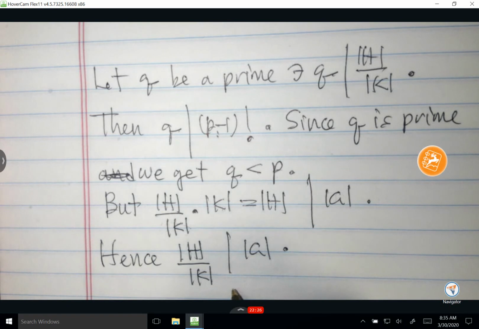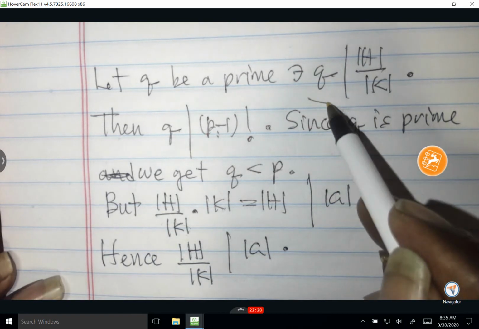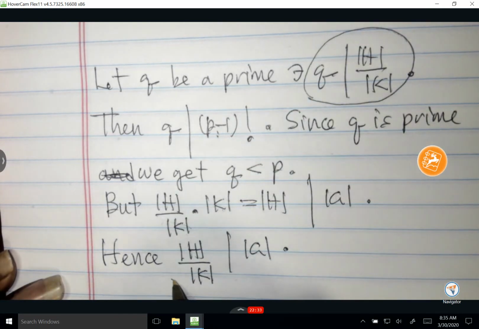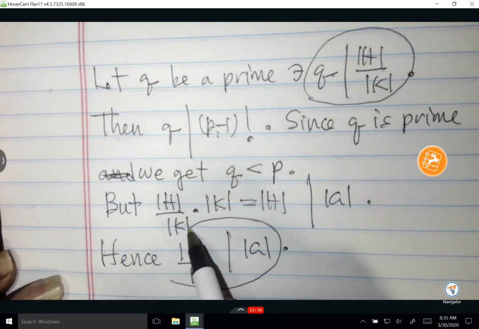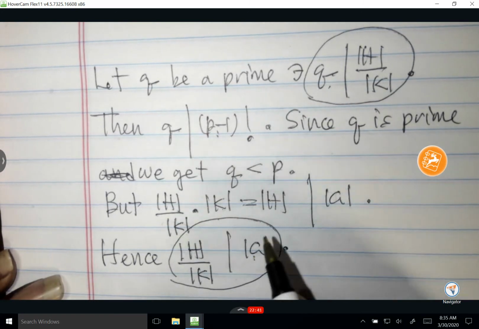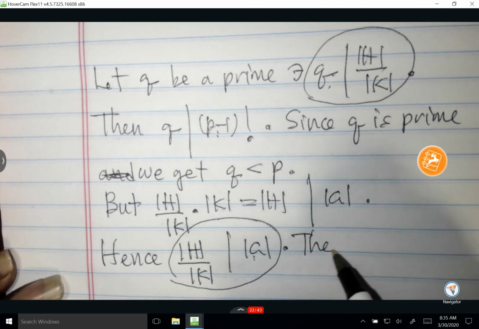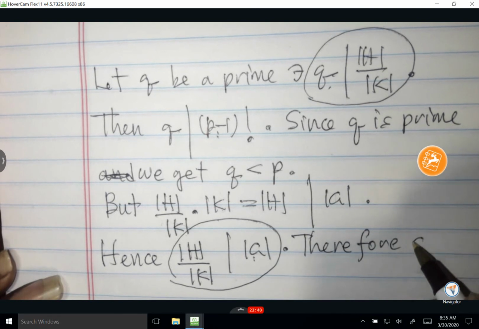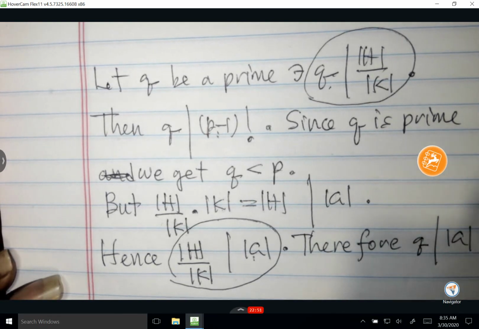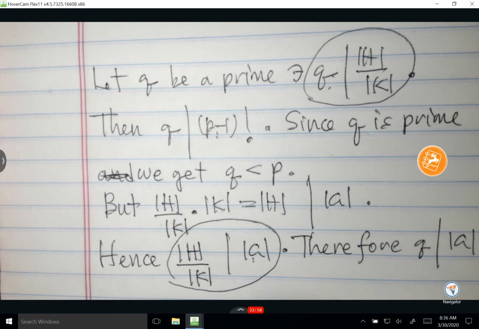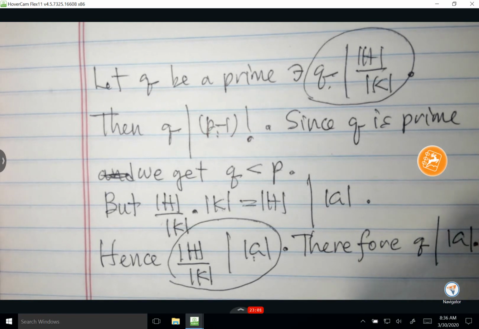Okay, so put the two together now. Since Q divides the order of H over the order of K, and the order of H over the order of K divides the order of G, we get Q divides the order of G. Therefore, because division is transitive, Q divides the order of G. Okay?